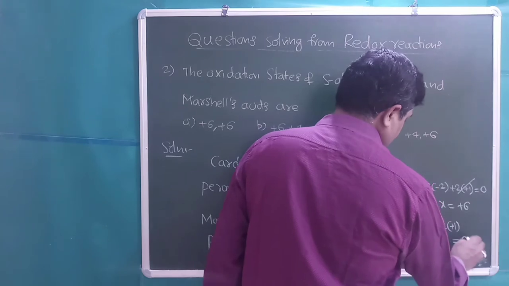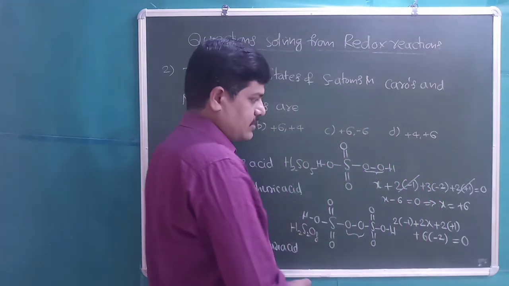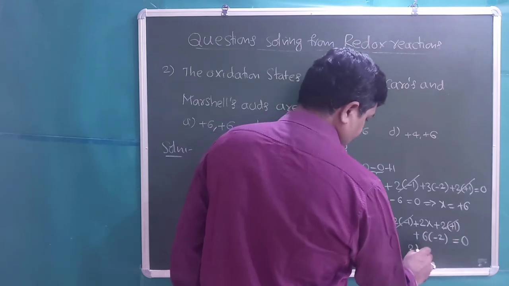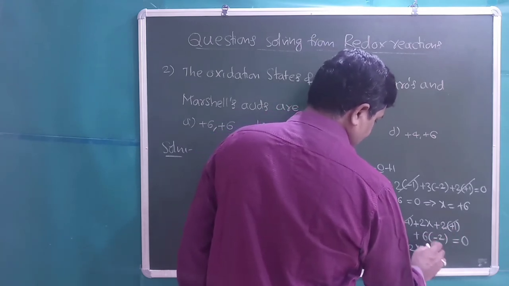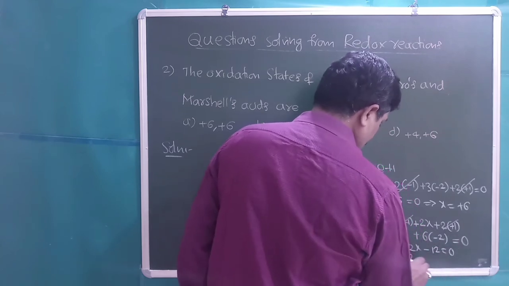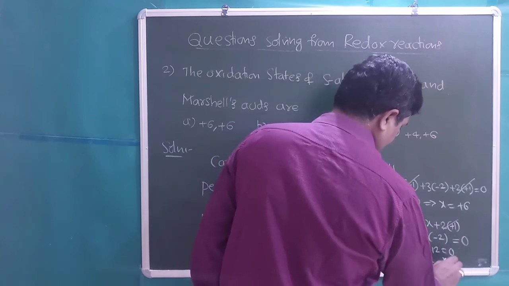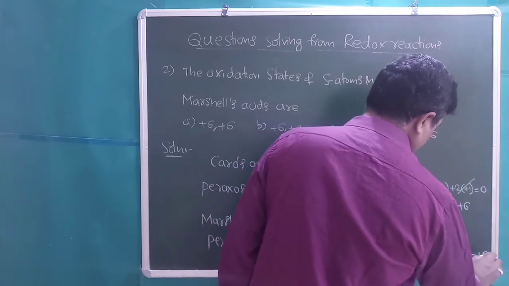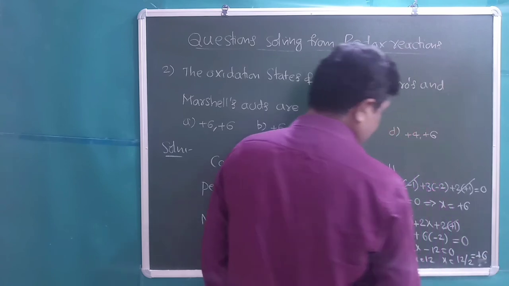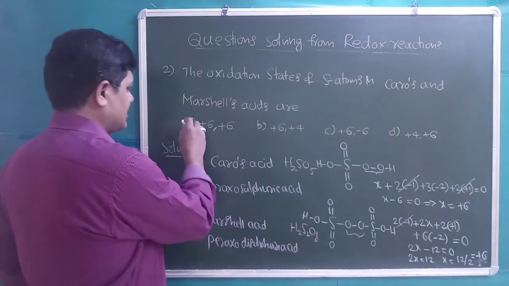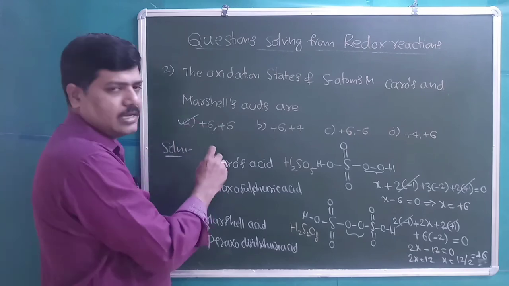Sum of oxidation states in a neutral compound is 0. So the -2 and +2 cancel. 2X minus 12 equals 0, so 2X = 12, and X = 12 divided by 2, which is +6. So students, in both cases sulfur oxidation state is +6. So +6 and +6 is the right option.